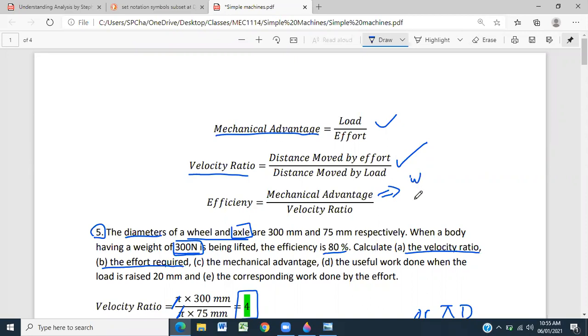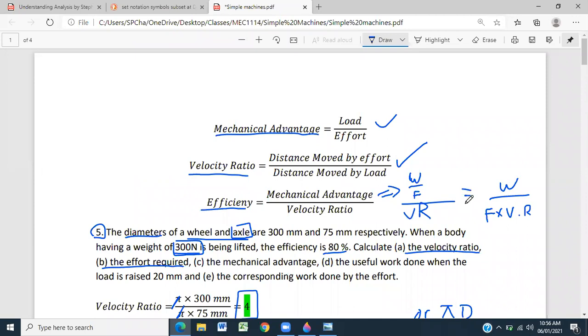Let's just call that F. That divided by the velocity ratio. Now, simplifying this, because we have a fraction on top divided by velocity ratio, we can simplify that down into W divided by F times the velocity ratio. And that's equal to this efficiency.